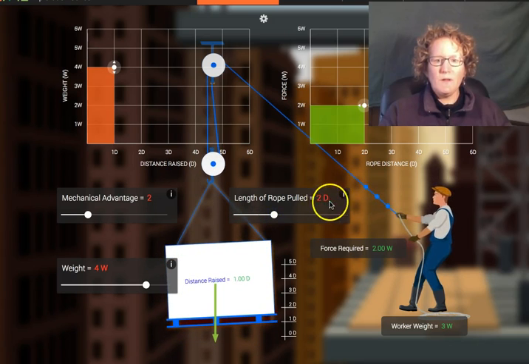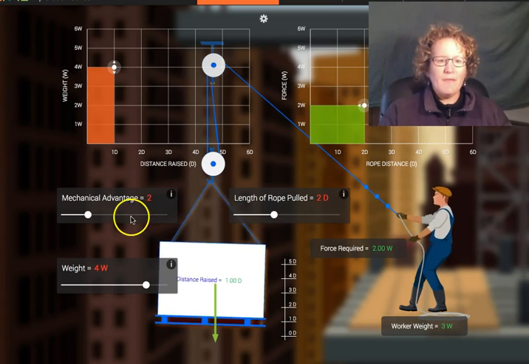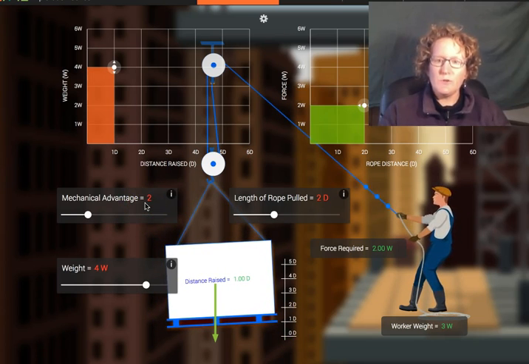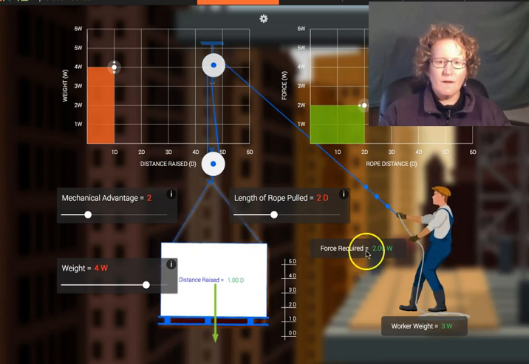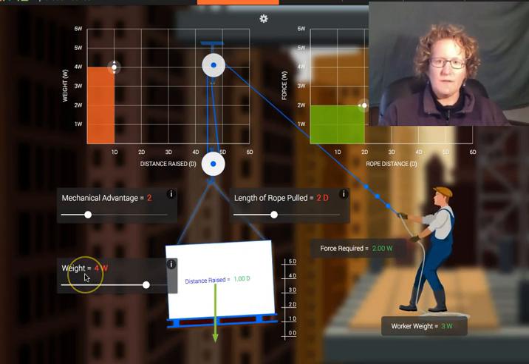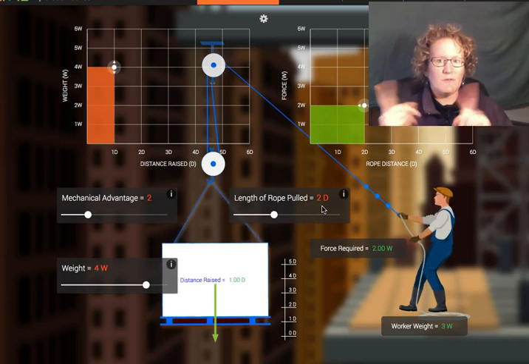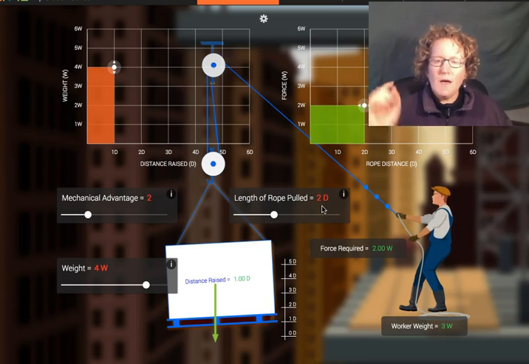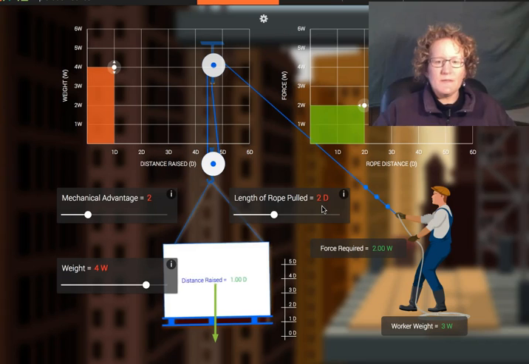You have to pull it 2 units of distance to raise it 1 unit. That's why the mechanical advantage is 2. You need half as much force on this side as there is on this side, but you have to pull twice as far, so there's that trade-off: a decrease in force for the worker, but an increase in distance.